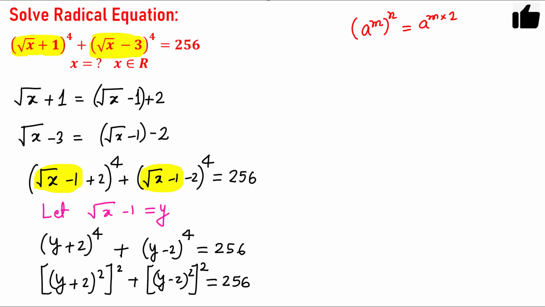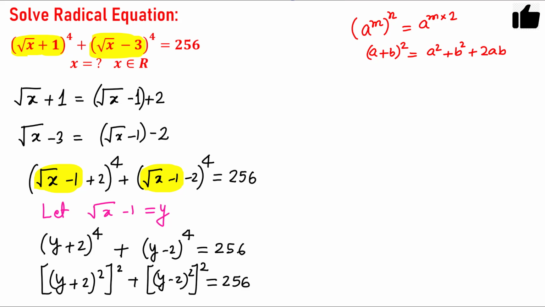Now let us expand these terms. So you have (y plus 2) whole squared, that is (a plus b) whole squared, and I hope you remember this formula, that (a plus b) whole squared is equal to a squared plus b squared plus 2ab.